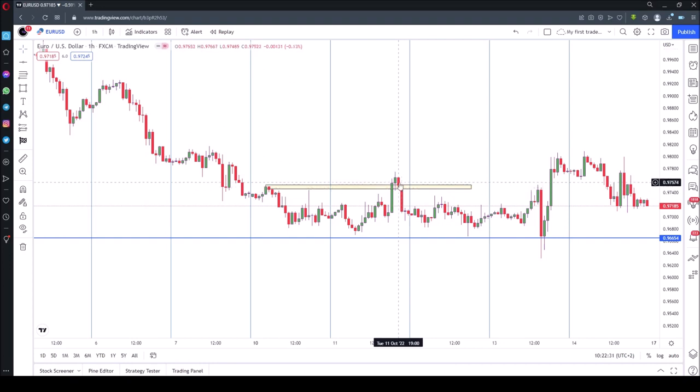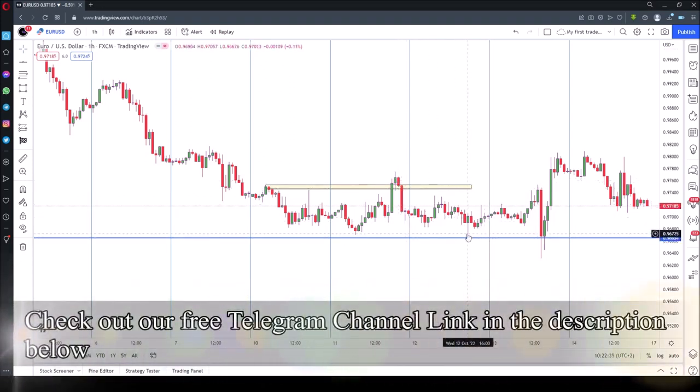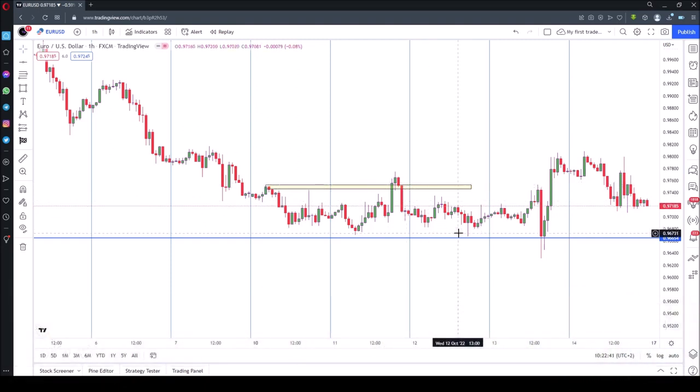From that railroad track to the lowest point that we could catch, there were over 80 pips available from this point to there, and it was actually sufficient for us to get what we call a 2:1 reward to risk ratio, right?